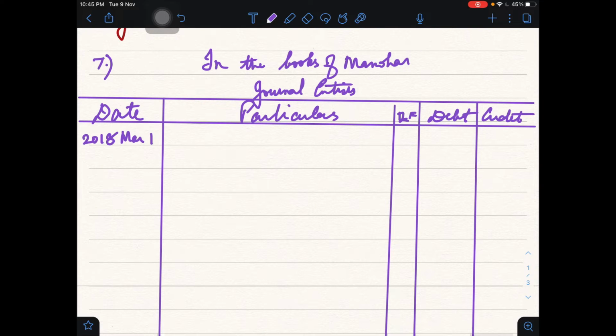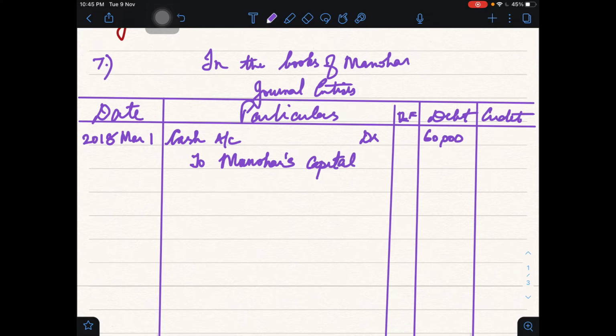And cash is coming in. Debit what comes in. So we will debit cash account, cash account debit rupees 60,000, followed by crediting. Next we will credit Manohar's capital account, rupees 60,000.